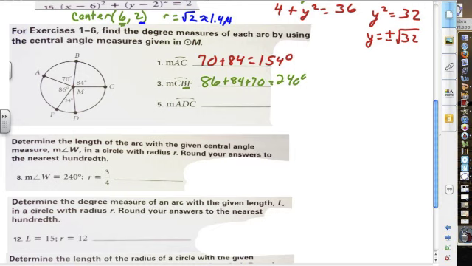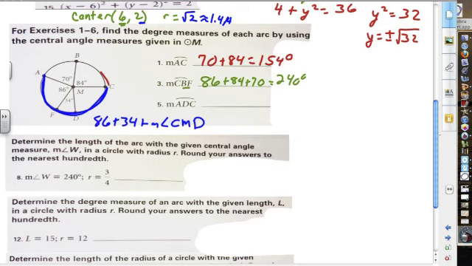One last one. ADC. ADC right there. We got a problem. It would be 86 plus 34 plus the measure of angle CMD. But I don't know that measure. I have 2 ways to do this. I could take 360 and subtract all the other ones and get it.